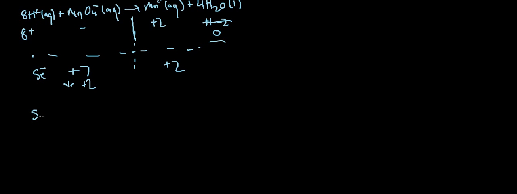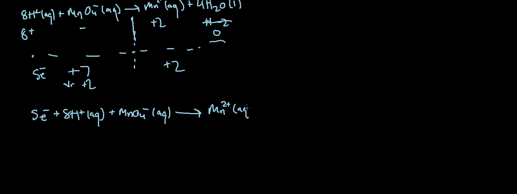So I have 5 electrons, and this is a symbol for an electron, an E with a minus sign over it. And then I just rewrite everything else out. Now, it's critical not to accidentally forget something.